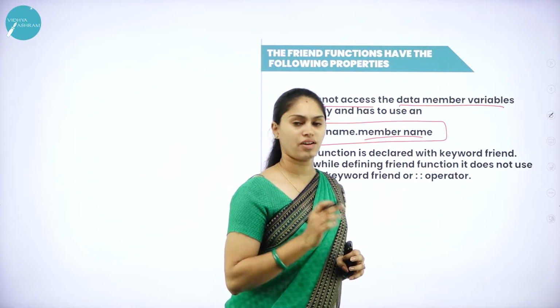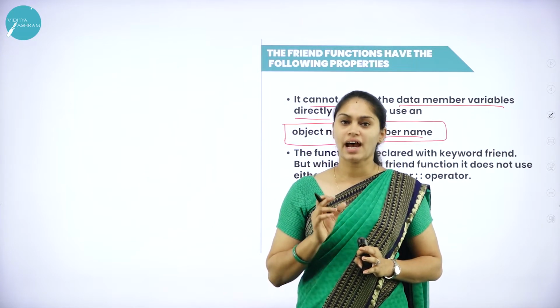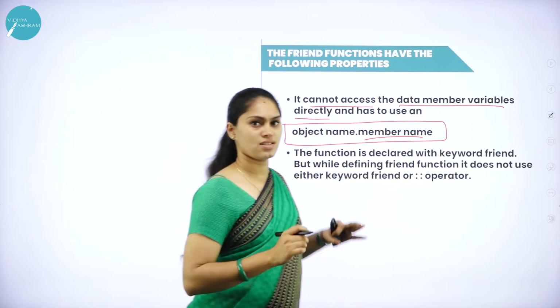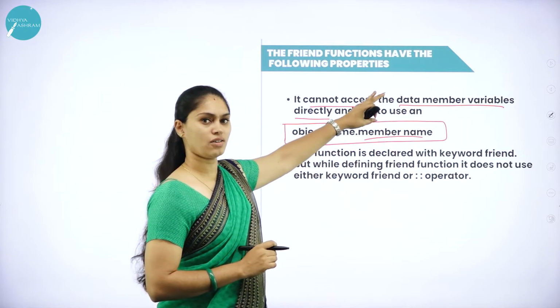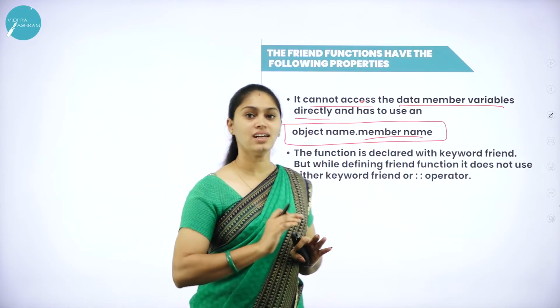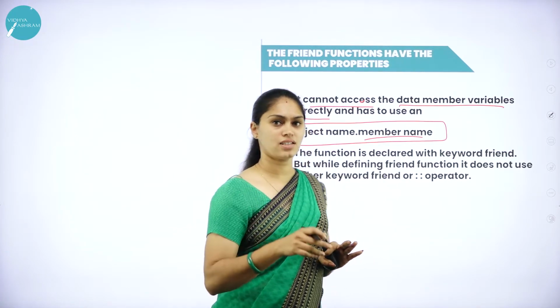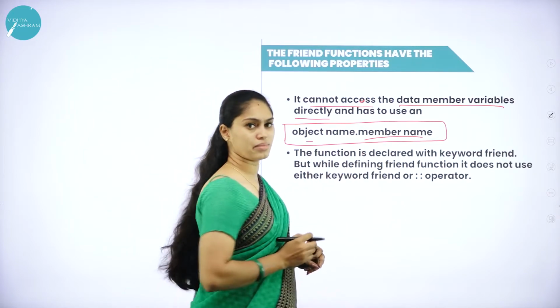If I want to access the private data members of a class by making use of this friend function, I need to use the syntax object name dot member name, because this friend function cannot access the data members of a class directly.